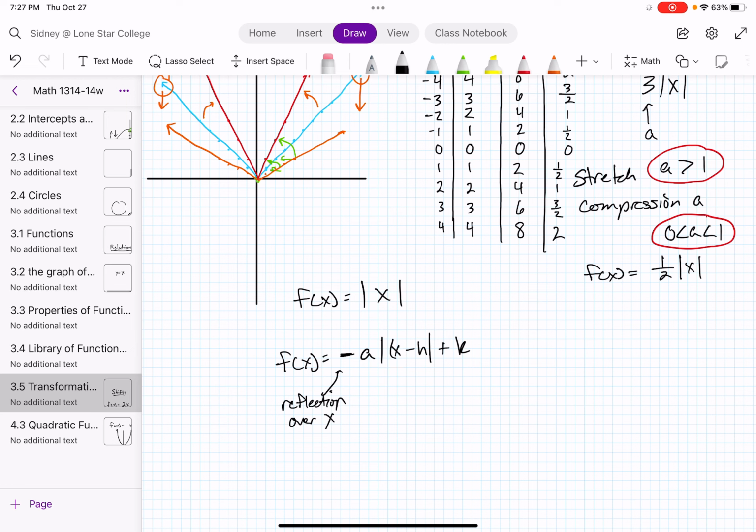Oops, I'm going to put that in parentheses. I forgot this one right here. A was our stretch compression. And I need to note that that is the vertical stretch compression. I'm going to talk about horizontal here in the next video. That one right there is our reflection over the y-axis.